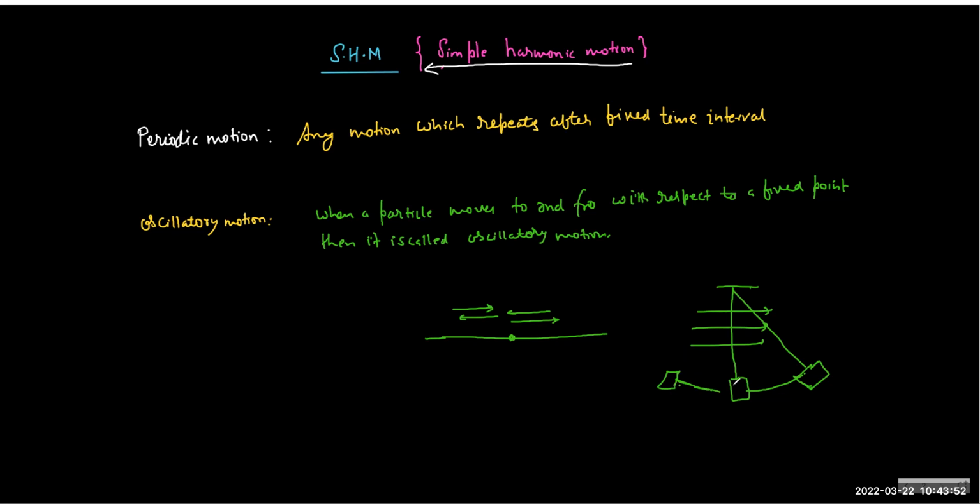So it may have a different time period of oscillation depending on the air resistance and other factors. So we cannot say that just because the motion is oscillating, it must be periodic. So periodicity and oscillatory are two separate things and they don't have any correlation.